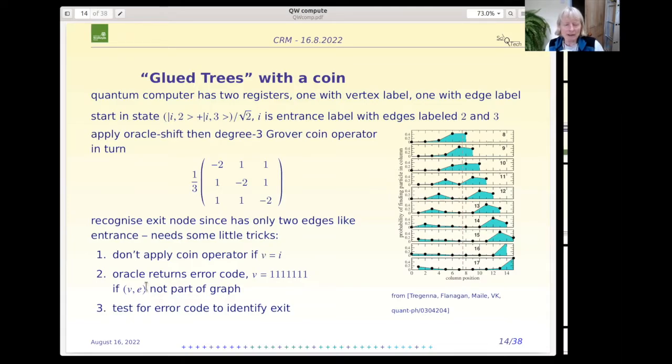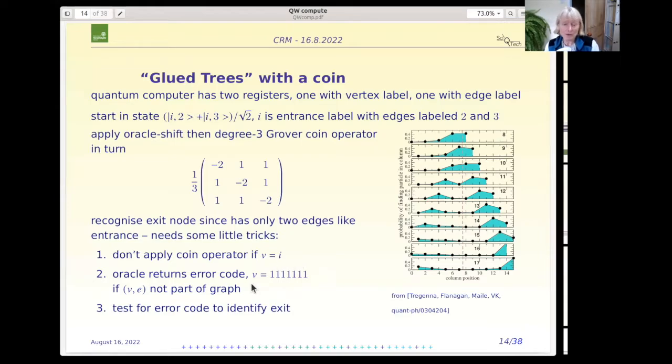But you don't know how to recognize the exit. But if the oracle is about to return something that isn't part of the graph, it will instead give you an error code. Right?